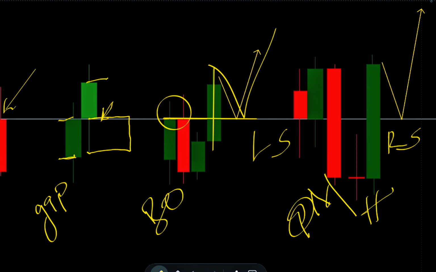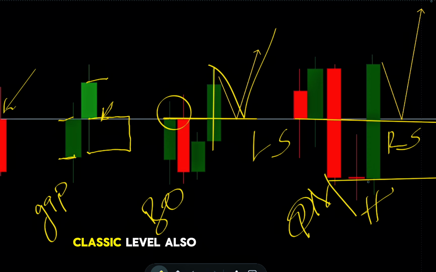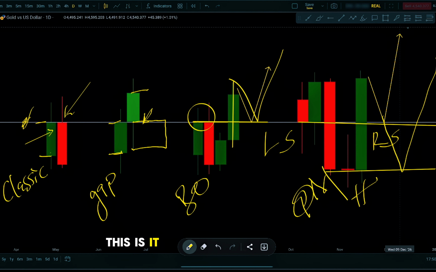This left shoulder becomes your target. So this becomes a level, and this level here, which is a classic level, also becomes another level. Both of them are valid, and you can wait for confirmation on any of them to take the trade to the upside. So this is it.